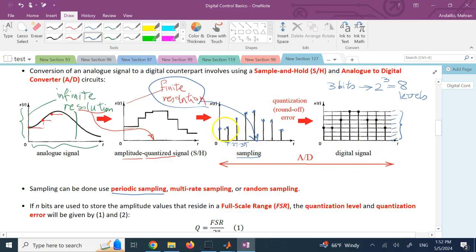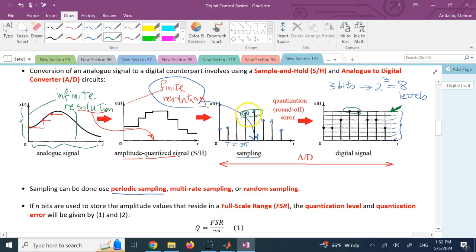So any number that you had out of the sampling stage now should be converted to the nearest value out of these 8 levels. So you have to do a rounding operation, right? For instance, if you look here, these two numbers are not the same, but now that we pick this as the highest level, then both of those that are closest to this highest level now have to be converted to the same number, you see?